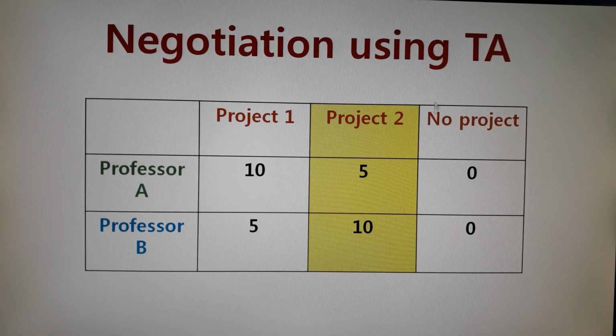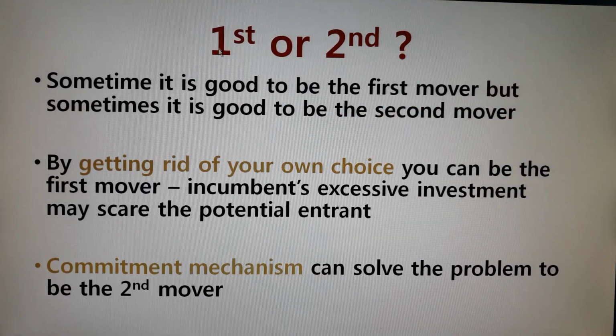So by sending the TA and removing one of the three options, project 2, Professor A has burned the bridge, burned the strategy. That's how he ended up getting 10 million instead of 5 million in this project. First or second, we have just looked at how sometimes it is good to be the first mover, like this burning the bridge behind.